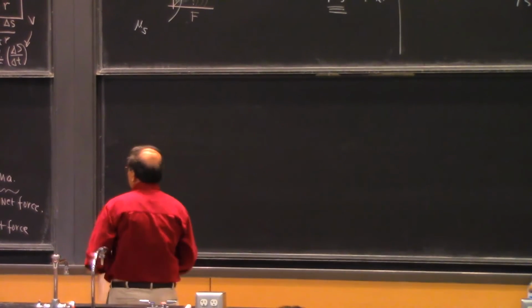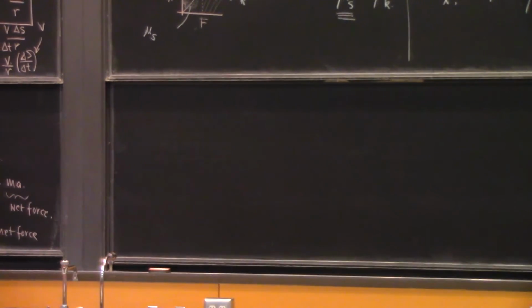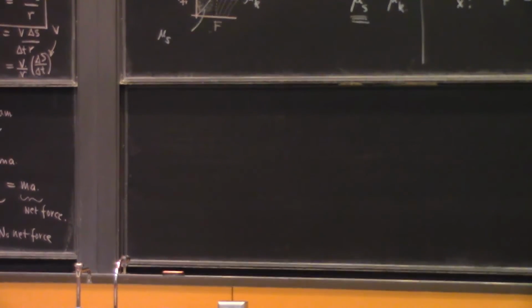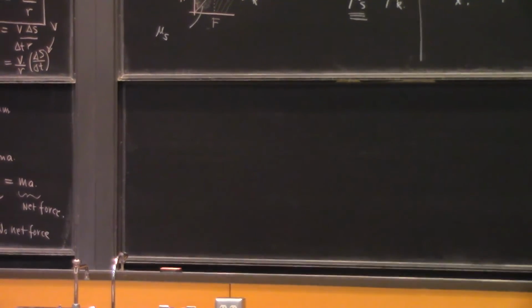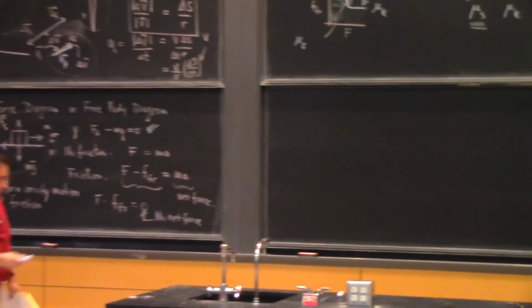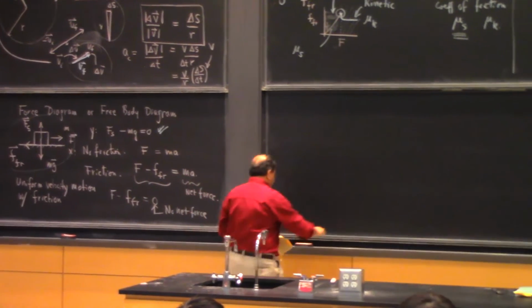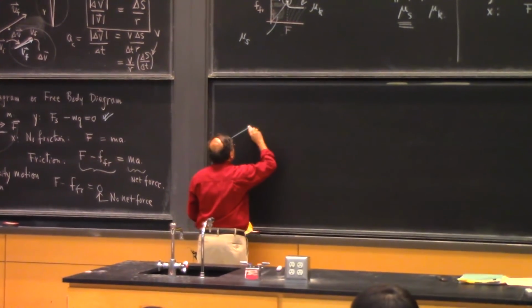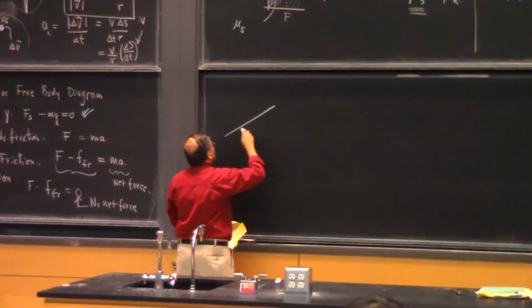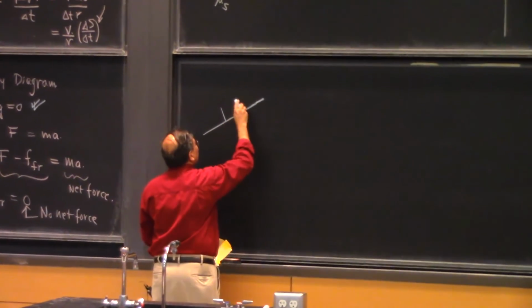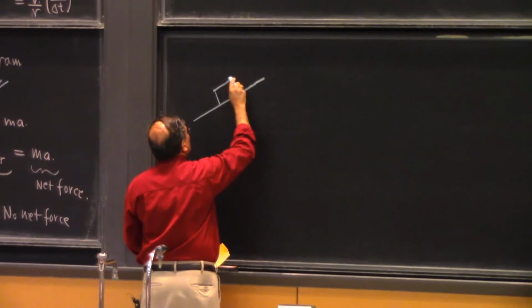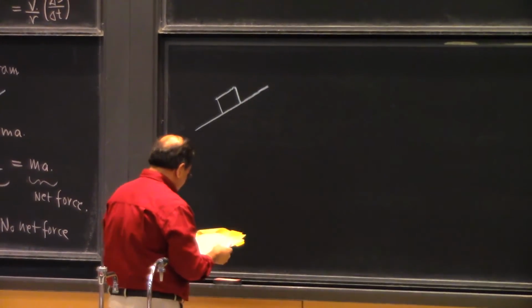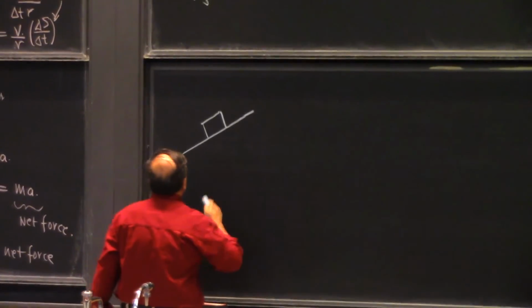So let us broaden this problem to that on an inclined plane, just like I tried to draw there. So here you have a block, let's say, okay? And let's analyze the forces on this block.